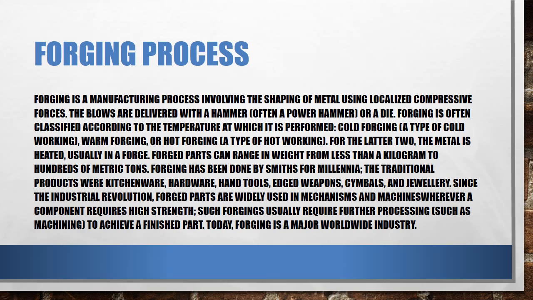Since the Industrial Revolution, forged parts are widely used in mechanisms and machines wherever a component requires high strength. Such forgings usually require further processing, such as machining, to achieve a finished part. Today, forging is a major worldwide industry.